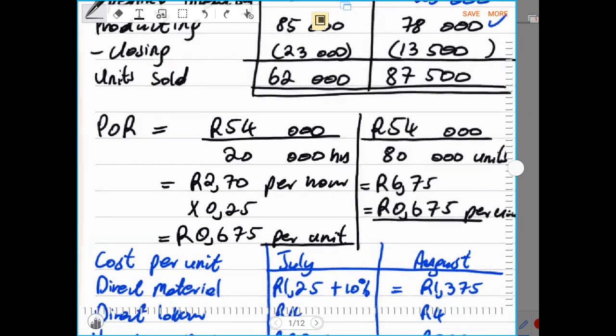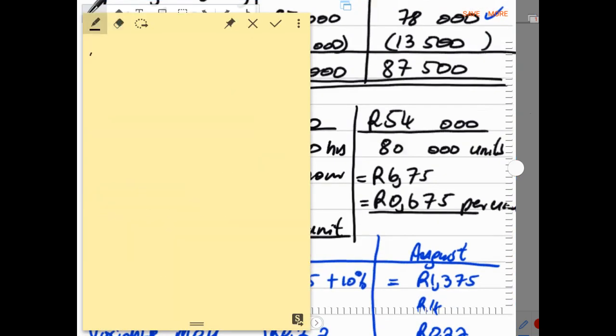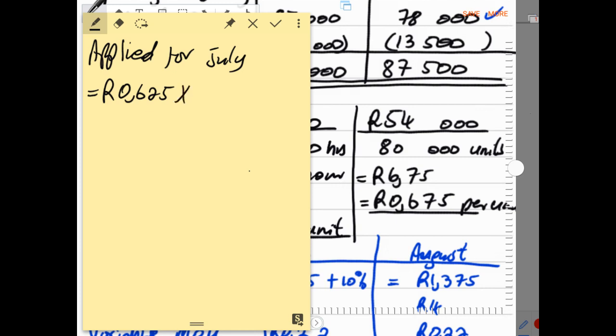So now that means our applied overheads for July will be 0.675 times 85,000 units.